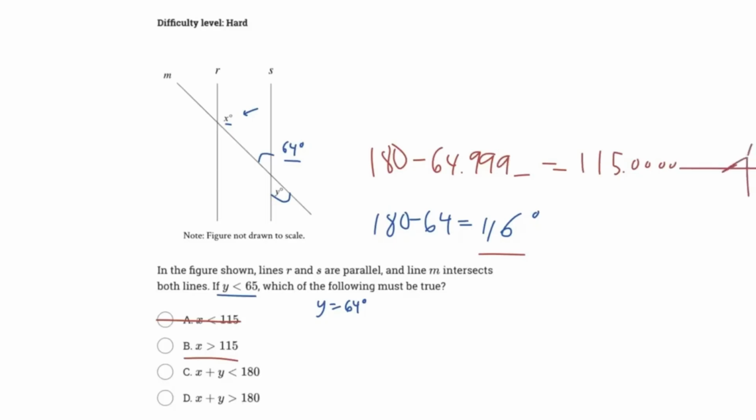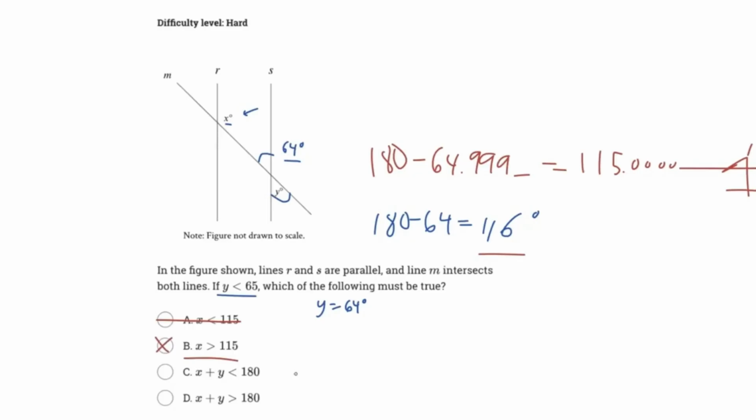That's messy, but you get the point. So basically, we can't ever go underneath 115 degrees for x if y is less than 65. Therefore, B is our answer, but let's just check the other answers to be sure.